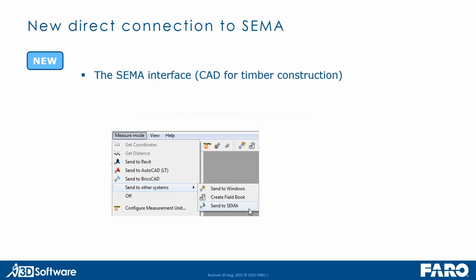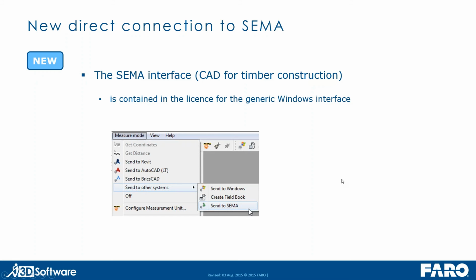So if you are a SEMA user, you can now connect VirtuSurv to SEMA and send coordinates into SEMA. You will have to start your drawing commands inside SEMA. You will find the Send to SEMA button in the Measure Mode menu of VirtuSurv under Send to Other Systems. Down here you have the SEMA button.